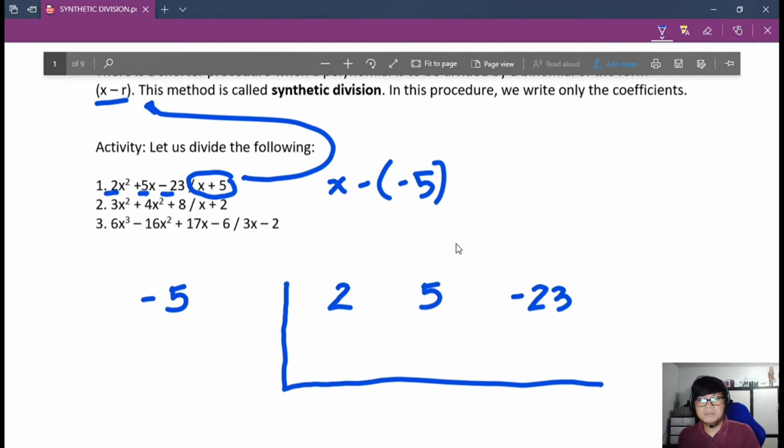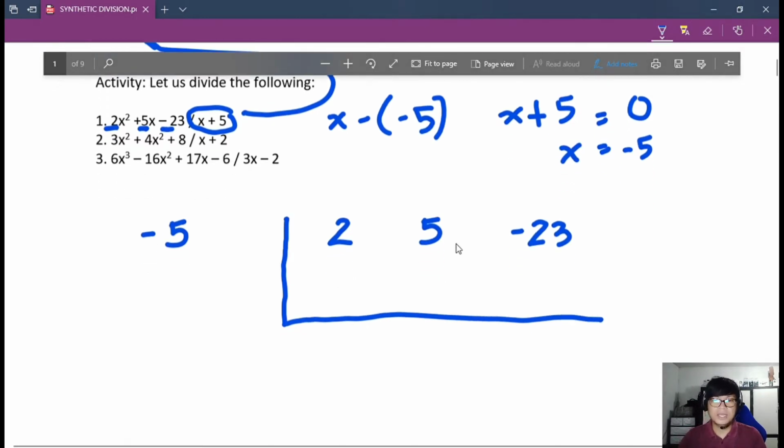Or, para mas madali, pwede nating i-equate sa 0. So x plus 5, equate natin siya sa 0. So x is equal to negative 5. So ito yung r natin, di ba? So pwedeng ganun na lang para mas madali, equate na lang siya sa 0, or get the opposite.